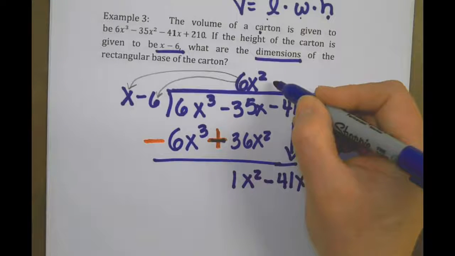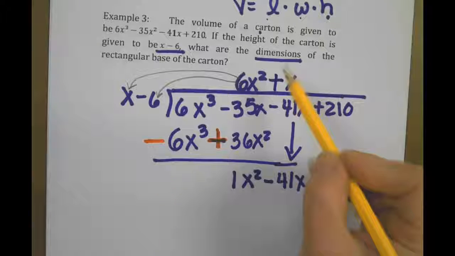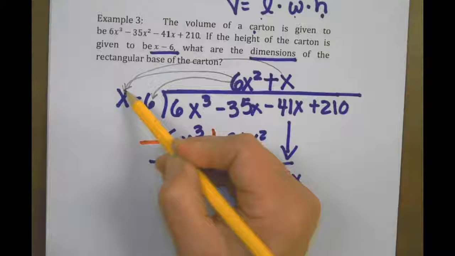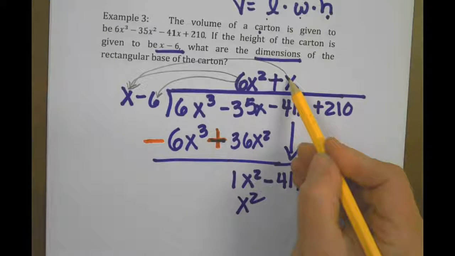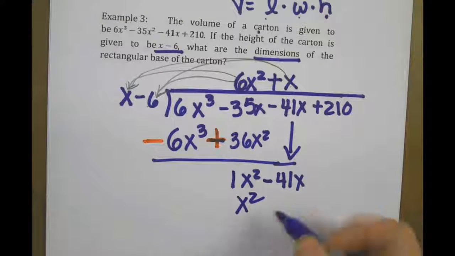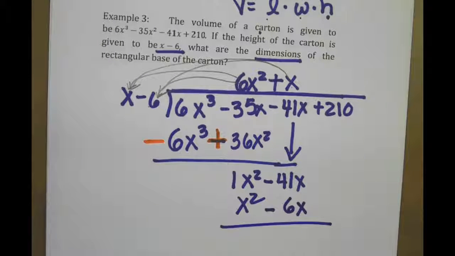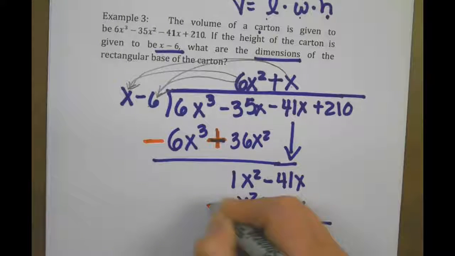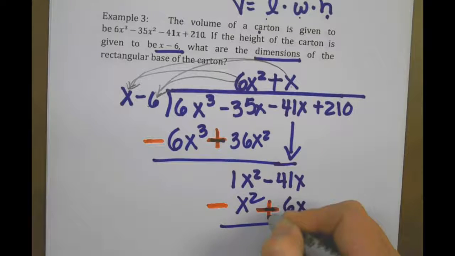Well, I just need another x, so I'm going to multiply it by x. I'm going to multiply that x times that x. I am also going to multiply this x times the 6. X times 6 is negative 6x. And then, just like in a whole number division, you subtract. But to subtract a negative, minus a minus makes this into a positive.